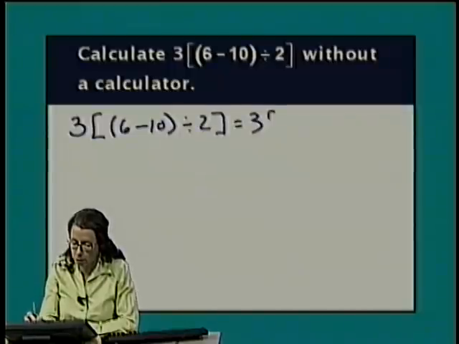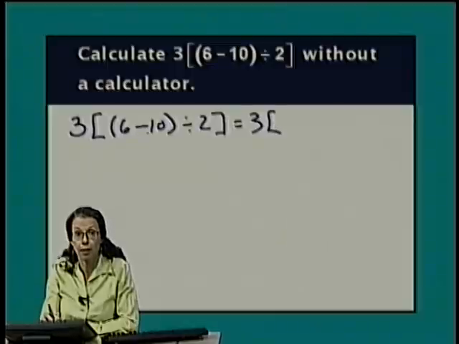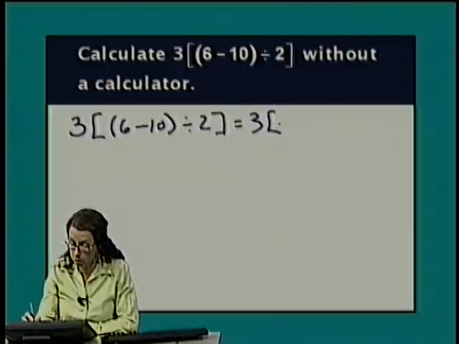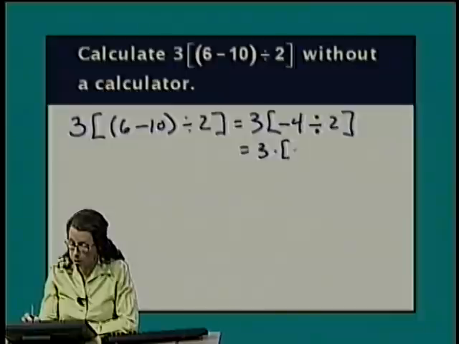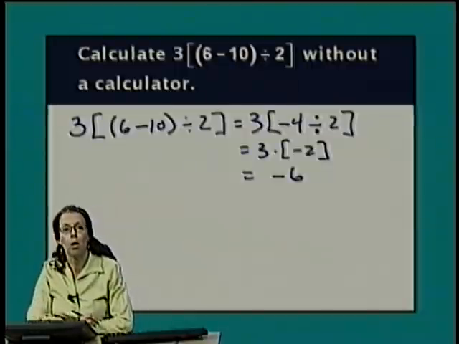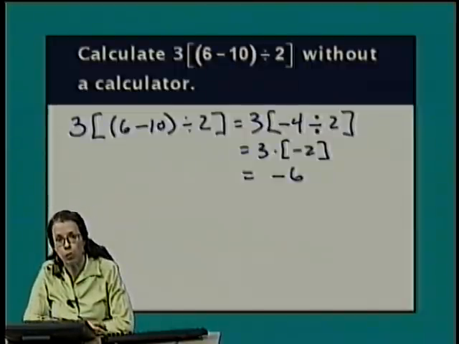So I'm going to first perform the operation inside the innermost parentheses. 6 minus 10 is negative 4, which I'm going to divide by 2. Now I'll perform the operation inside the square brackets. Negative 4 divided by 2 is negative 2. And when I perform the multiplication, I end up with negative 6. So I know what the result needs to be.